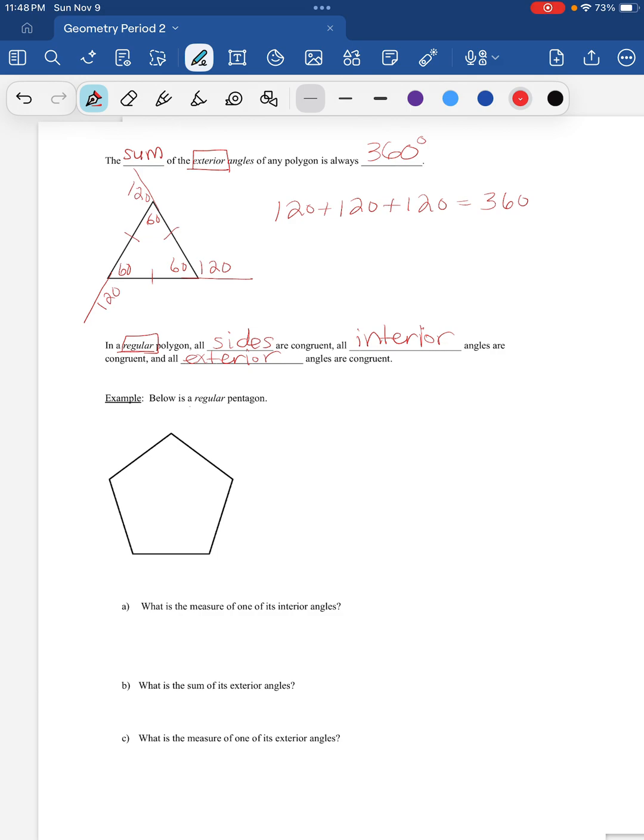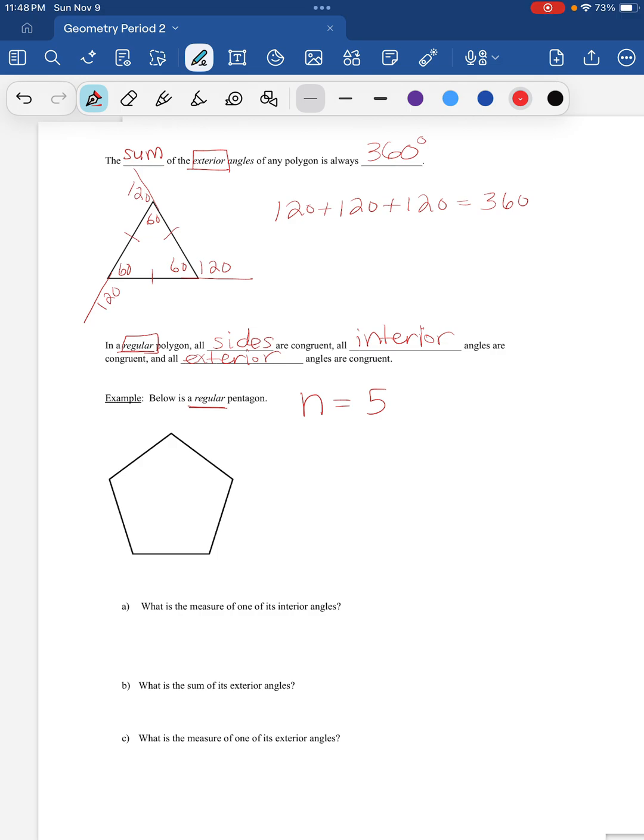It says below is a regular pentagon. So it's a pentagon, which means it has 5 sides. So n is always going to be the number of sides in a polygon, so in this case, 5. And it says, what's the measure of one of its interior angles? Just one.